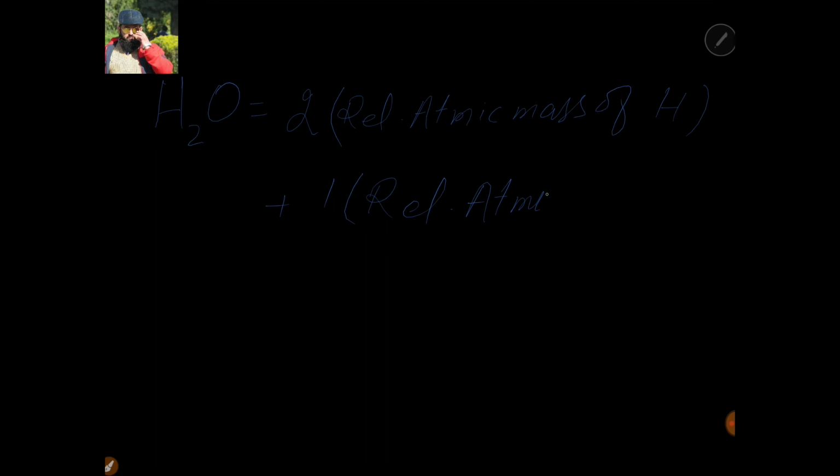So to calculate the molecular mass of water, we will have to take 2 times the relative atomic mass of hydrogen plus 1 time the relative atomic mass of oxygen, and we know that the relative atomic mass of hydrogen is 1 AMU and that of oxygen is 16 AMU.